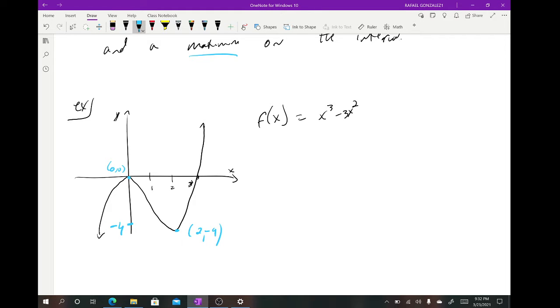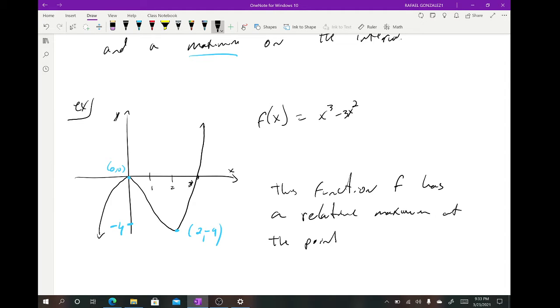Okay, so this function has what we call a relative maximum. So this function f has a relative maximum at the point 0, 0.